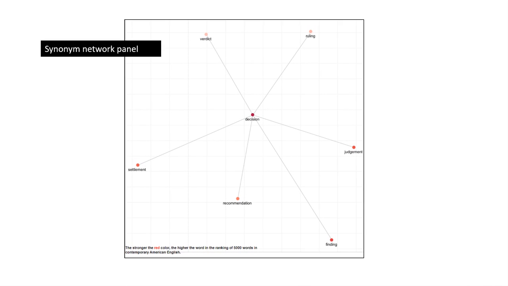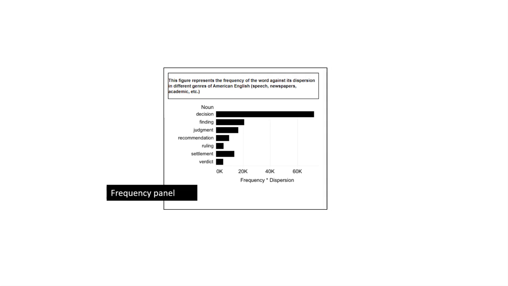Thus, the synonym network panel shows the relative ranking of these words within the 5,000 words included in a frequency dictionary of contemporary American English, while the frequency panel shows those same words, but gives information on their relative frequency and dispersion.